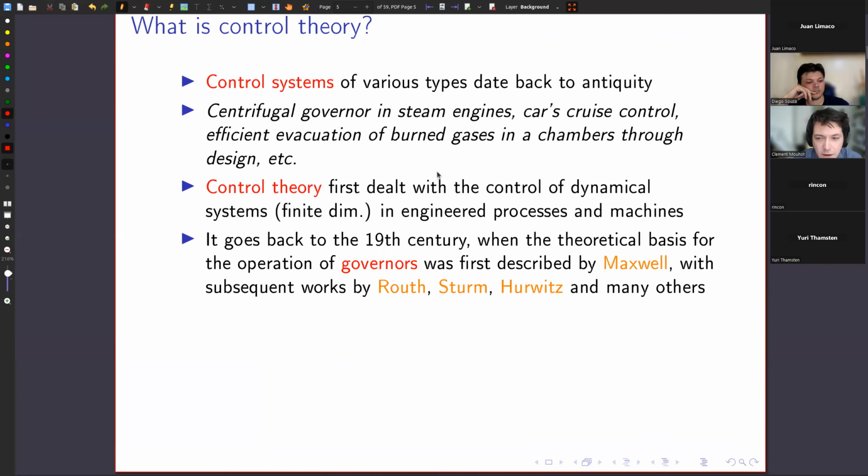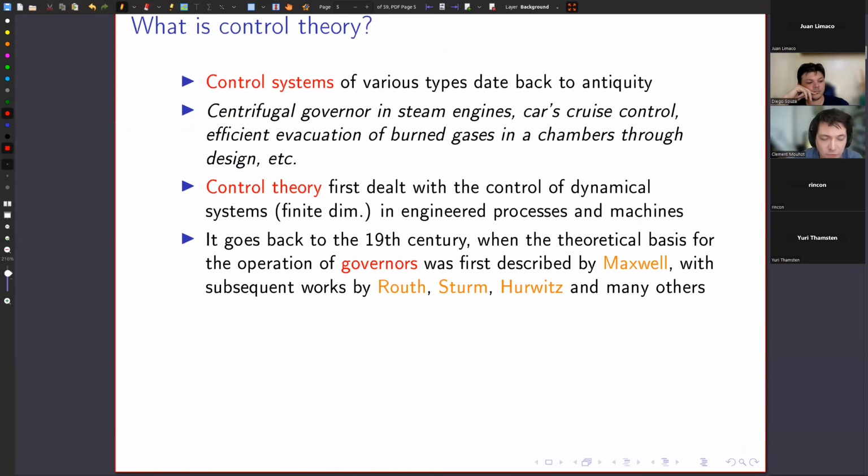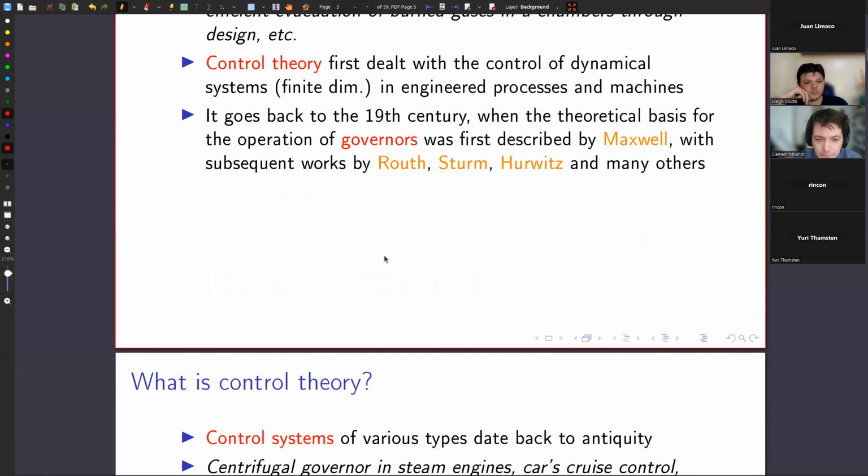Okay, and indeed, the equations of control theory appear quite early in the 19th century with Maxwell, Routh, Sturm, Hurwitz, and many others, in particular for governors with the Industrial Revolution, producing energy.